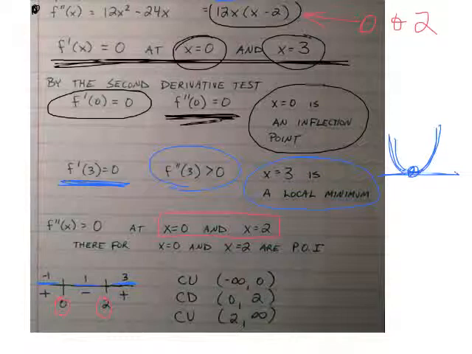So f double prime of -1 is positive, f double prime of 1 is negative, and f double prime of 3 is positive. So I know that we are concave up from -infinity to 0, and then we are concave down from 0 to 2, and finally we're concave up from 2 to infinity.